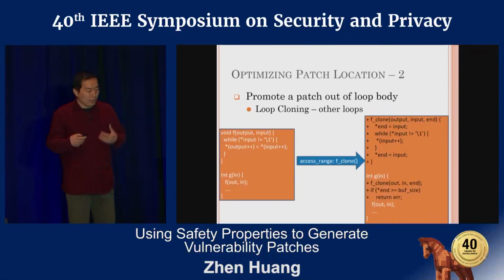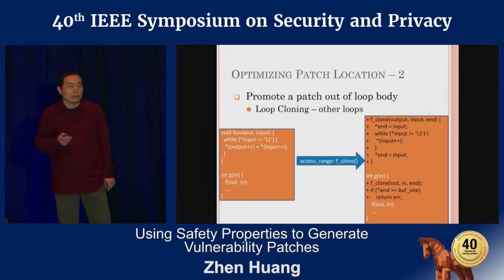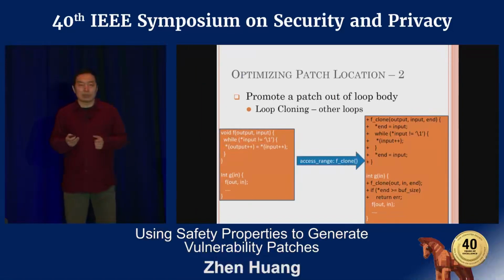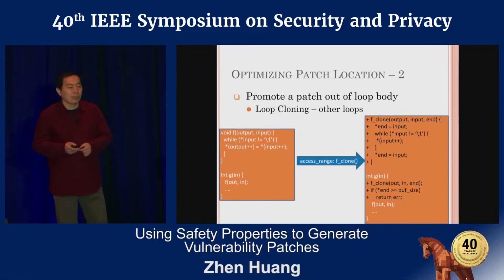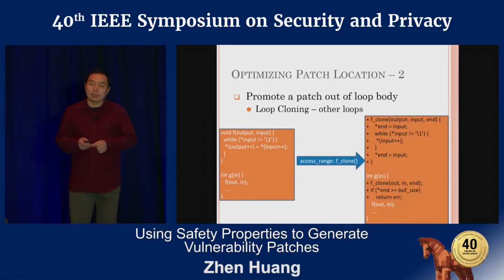For other loops, Sinks uses loop cloning, which clones the code of the function that contains the loop, makes the cloned code free of side effects, and then lets the patch call the cloned code to dynamically compute the access range.